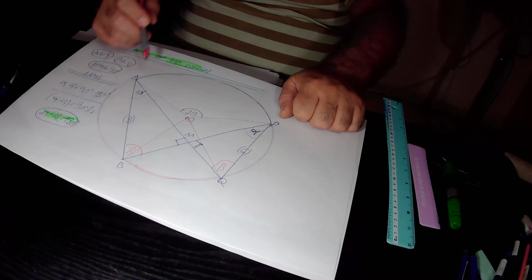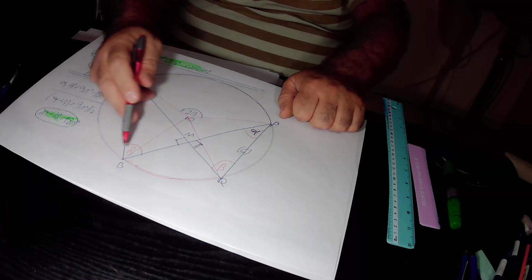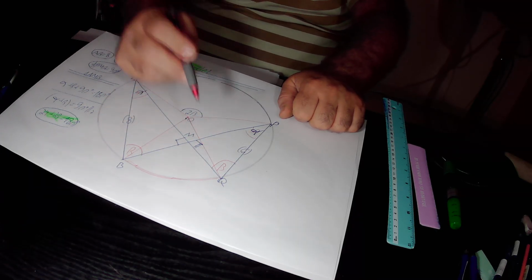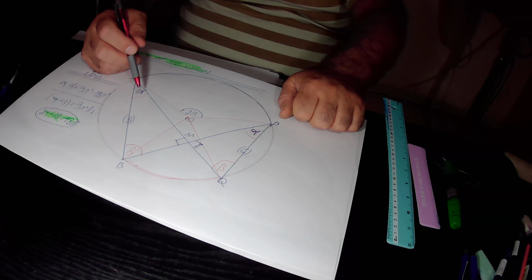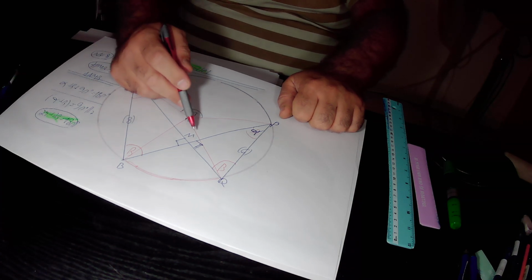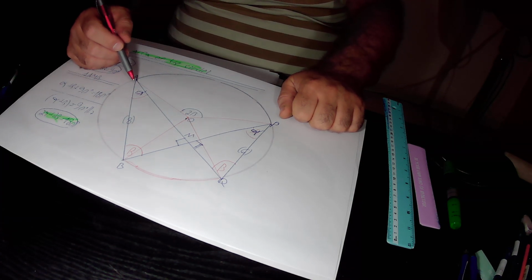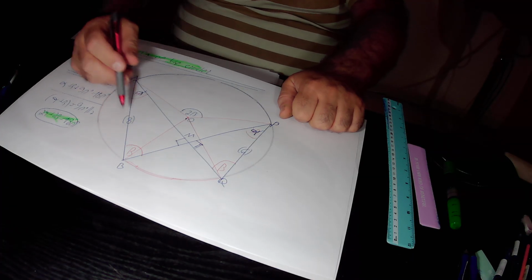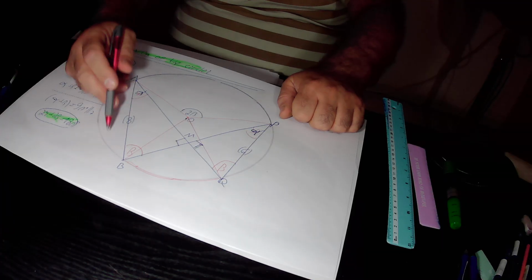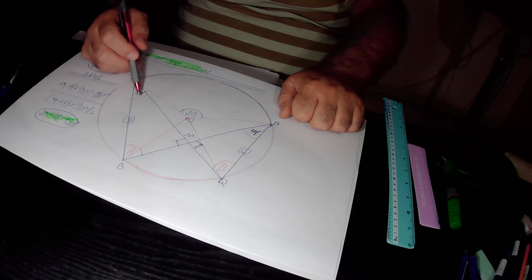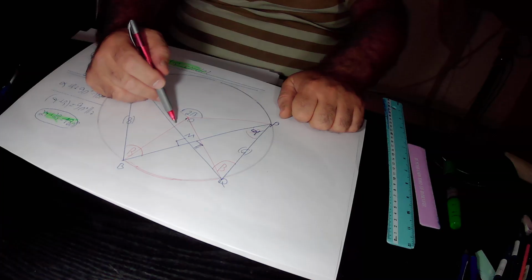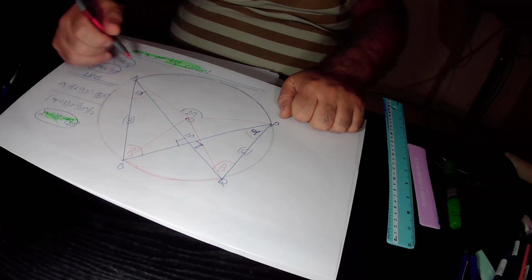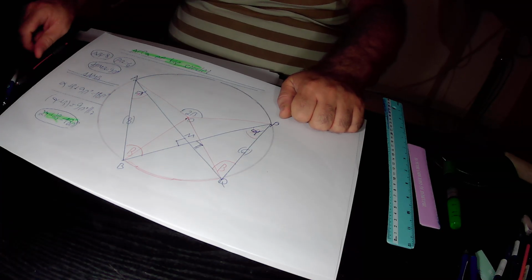But peripheral angle BAQ subtends on the same arc BQ. Therefore, center angle BOQ must be twice as large as peripheral angle BAQ that subtends on the same arc BQ. Peripheral angle BAQ equals alpha, therefore center angle BOQ must be equal to 2 alpha, according to rule 13.